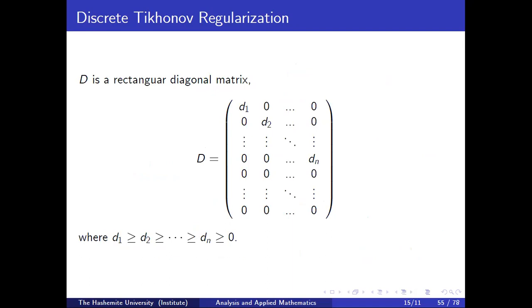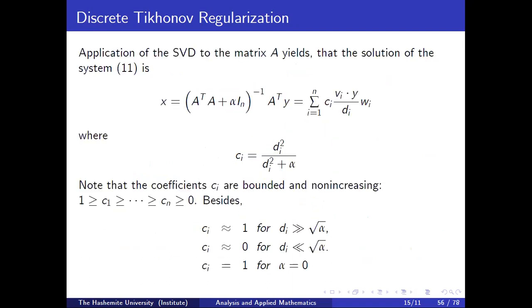Now, this is the matrix D, and then we can write X in this way. So this is a very simple way to write because we have all these requirements. Now we can use this to find the solution X.